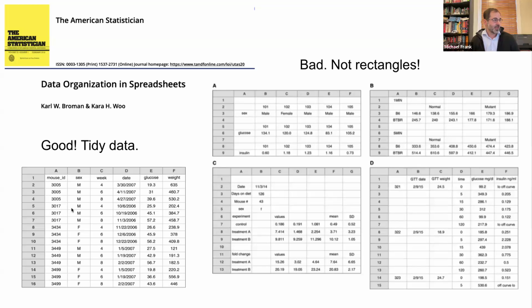These non-rectangular data sets with lots of white space are easy for humans to read, but very hard to analyze using R, and the formats can become inconsistent and they can lead to errors. So rectangular spreadsheets are both good data hygiene and also very, very useful for creating these reproducible pipelines.